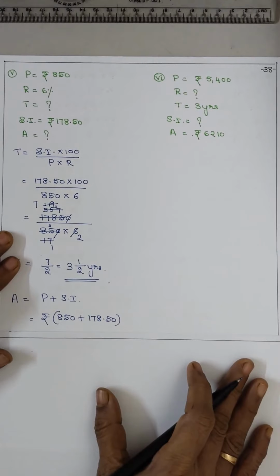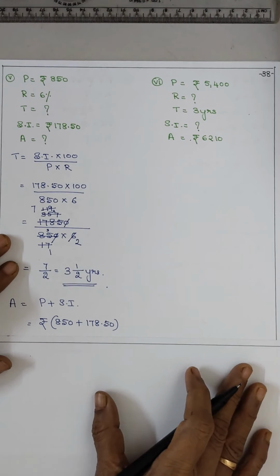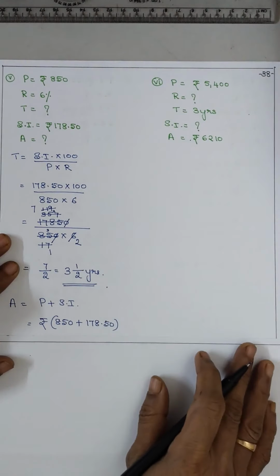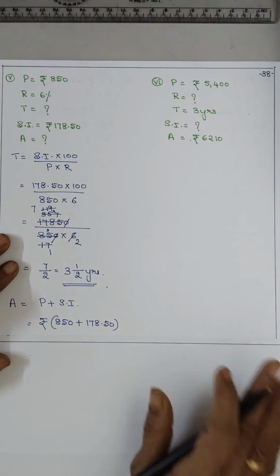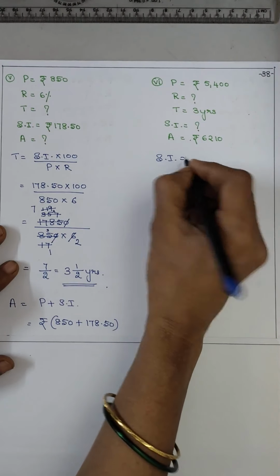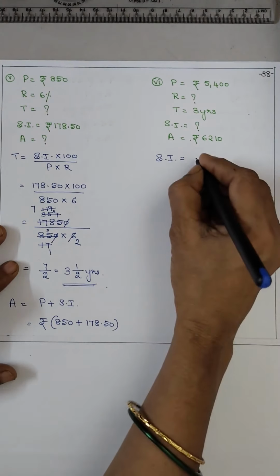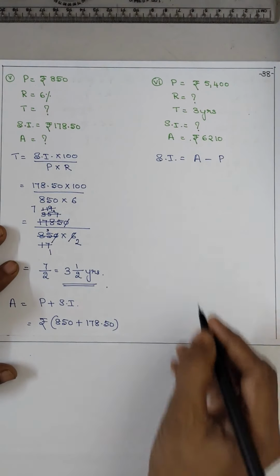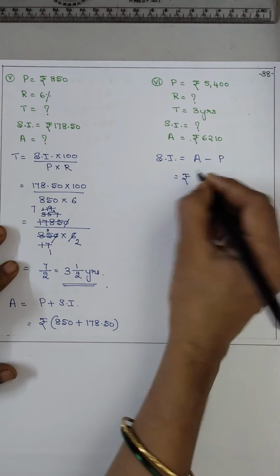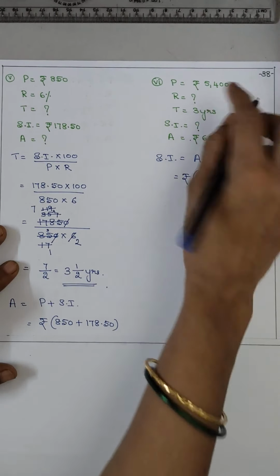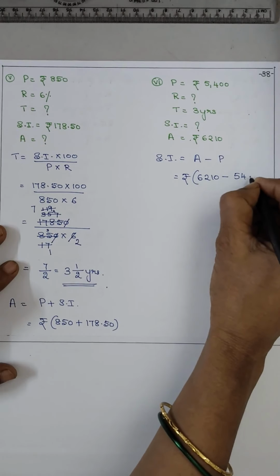Now coming to the last subdivision. R is asked, SI is asked. Amount is given, principal is given. When amount and principal are given, it is easy to find out SI. What is the formula? SI is equal to amount minus principal. So it is rupees, amount is 6210 minus principal is 5400.